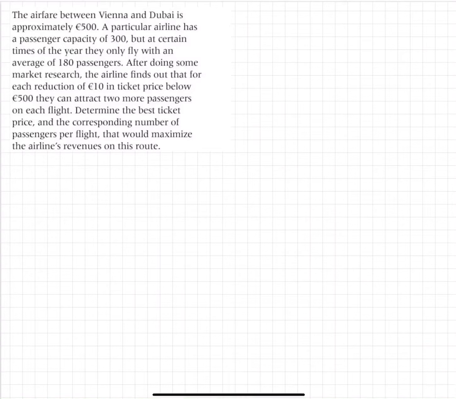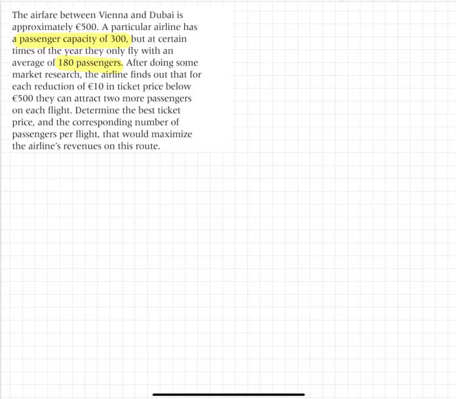So this first one is a bit of an airplane problem, and I think this is kind of misleading because it starts off by saying the passenger capacity is 300, but at certain times of the year, it's only really 180.